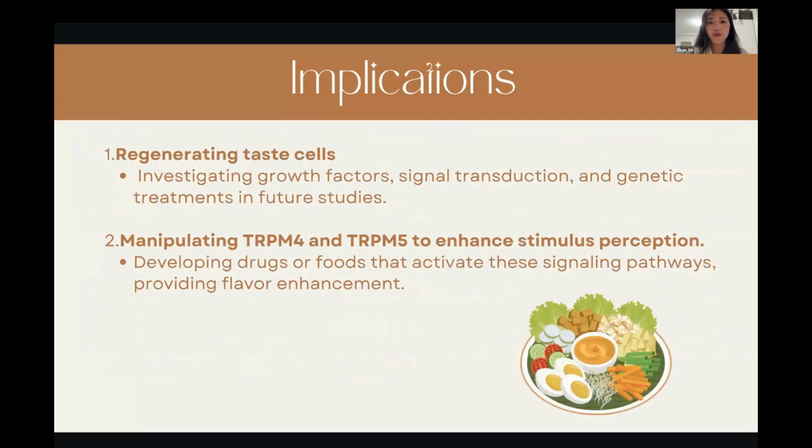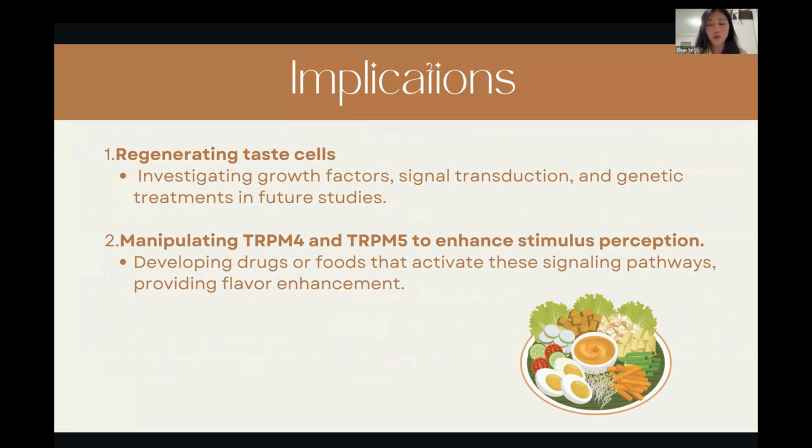The implication of my research is that future research should study how to regenerate taste cells, because as people age, our taste cells deplete, and when they deplete, we lose our appetite, and oftentimes elderly people lack nutrition because they don't want to eat food.